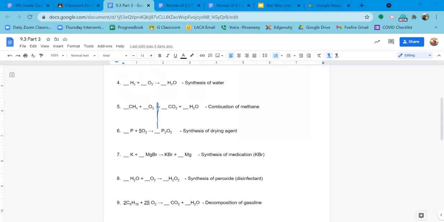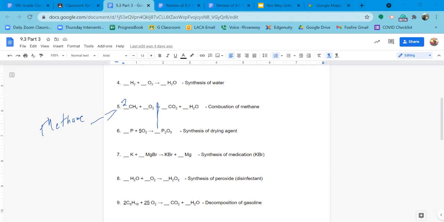So I could guess that I have 2 methanes, 2 CH4s. This is methane, by the way. Okay, sorry, I had to adjust something here.